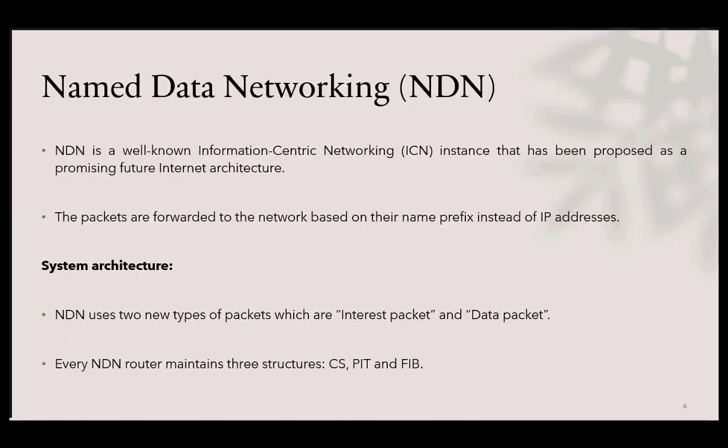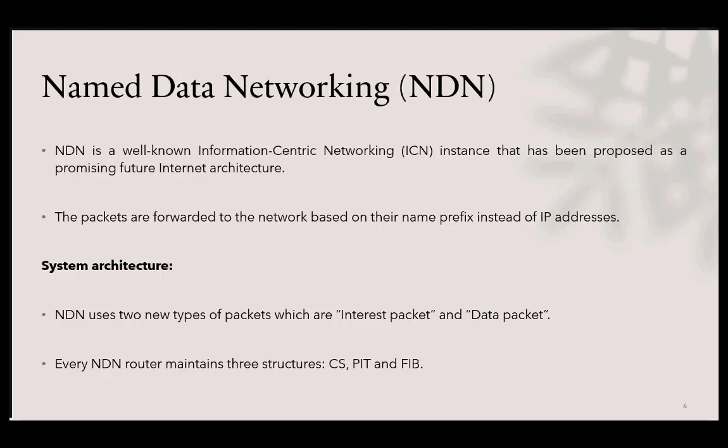Named Data Networking is a well-known information-centric networking instance that has been proposed as a promising future internet architecture. It presents a new communication concept based on content-centric networking. The packets are forwarded in the network based on their name prefix instead of IP addresses. Hence, it focuses on what to send rather than where to send.